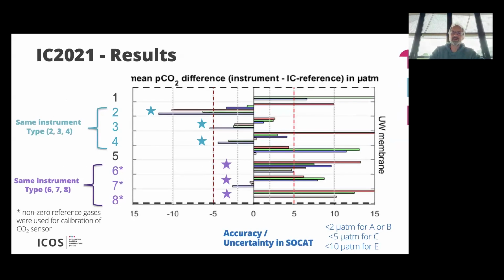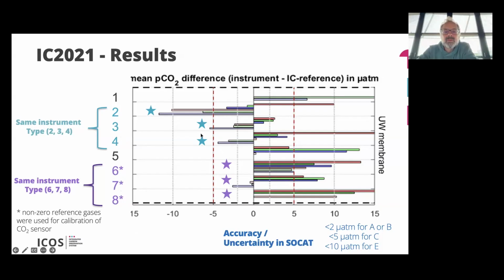And maybe to show it in a little more detail, this is a zoom into the underway membrane systems for the mean pCO2 difference. Here you see the 8 different instruments. Again, the names don't matter. But instruments 2, 3, and 4 are the same instrument, and 6, 7, 8 is a different type, but the same instrument.